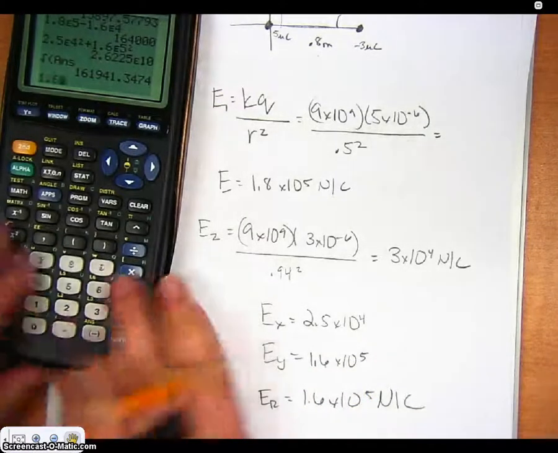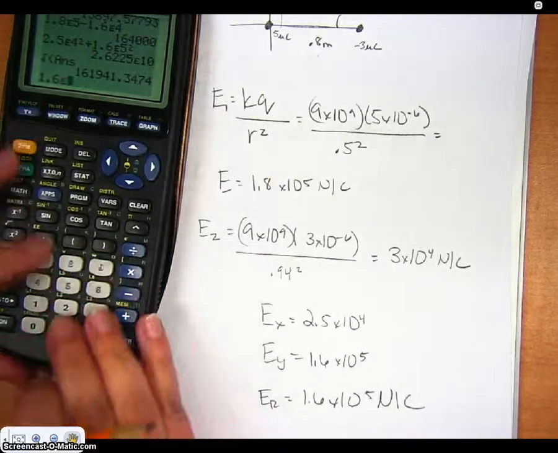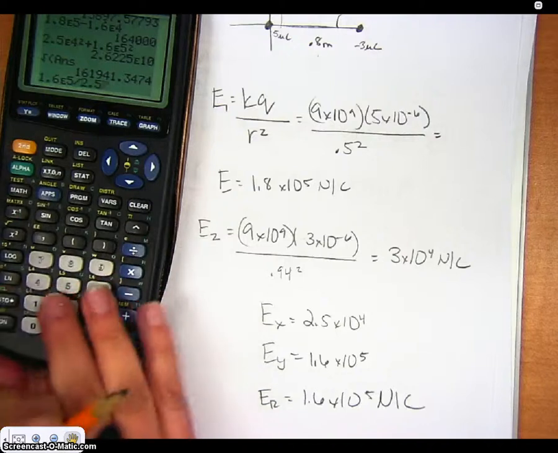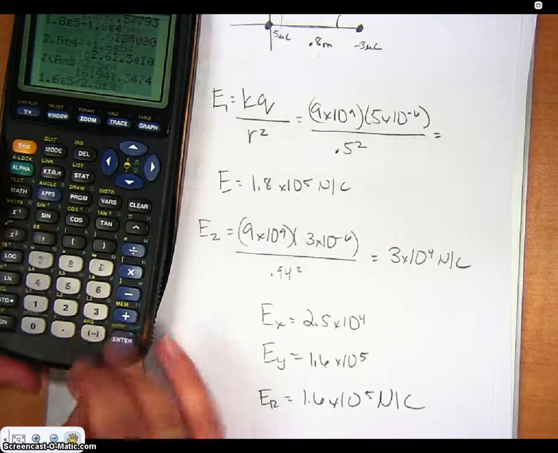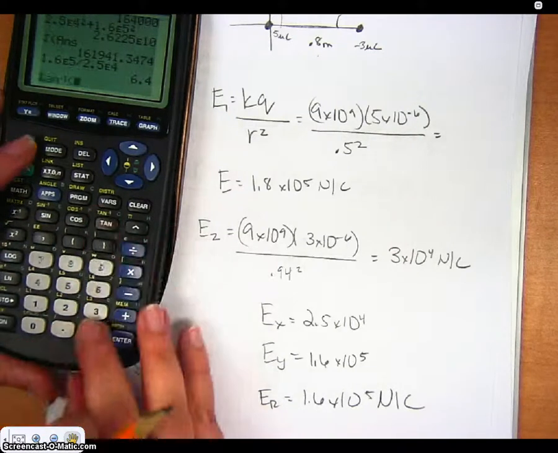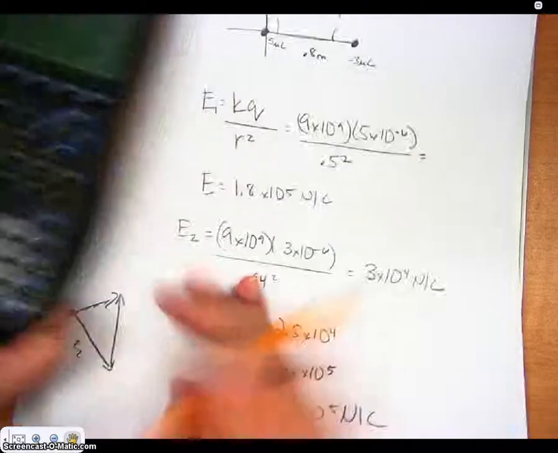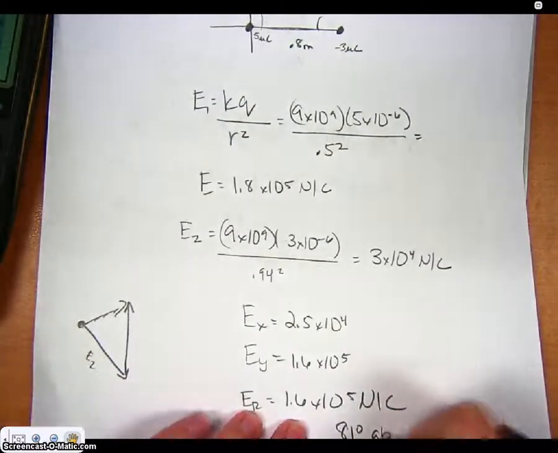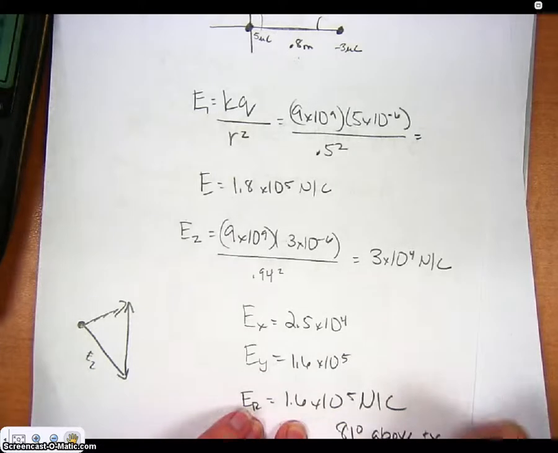So 1.6e5 divided by 2.5e4, and then inverse tangent. And I get 81 degrees, and it's above the positive x-axis.